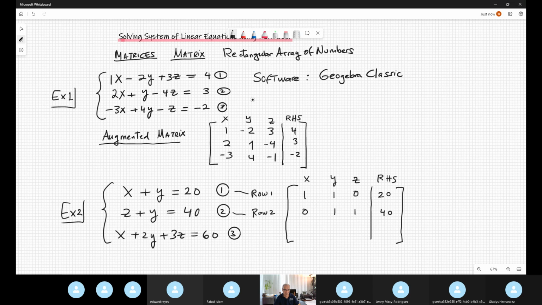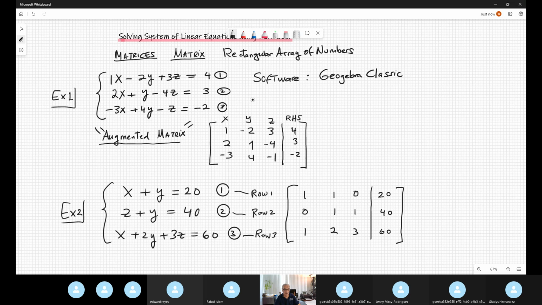And the third row is easy because everything is present: 1, 2, 3, and 60. Of course, when you finish that, if you want, not mandatory, you erase that part, and basically this is the matrix, the augmented matrix.